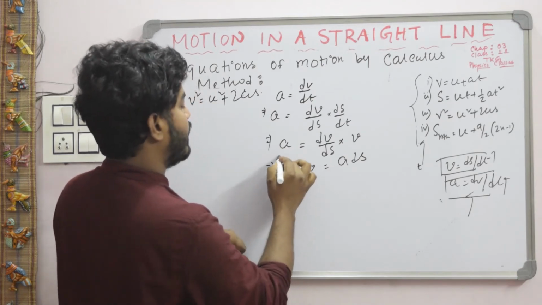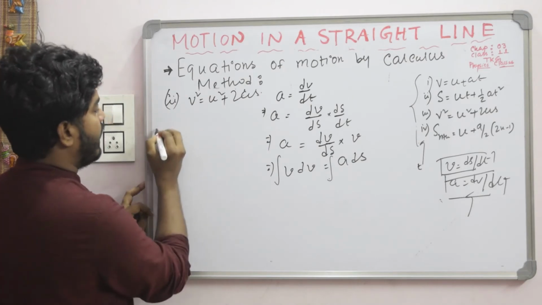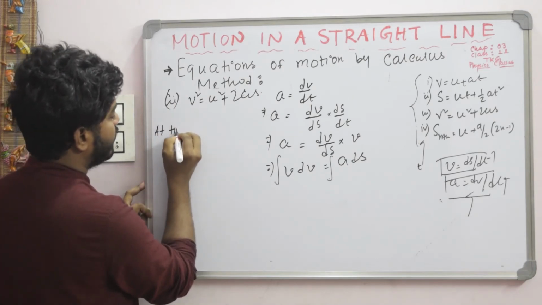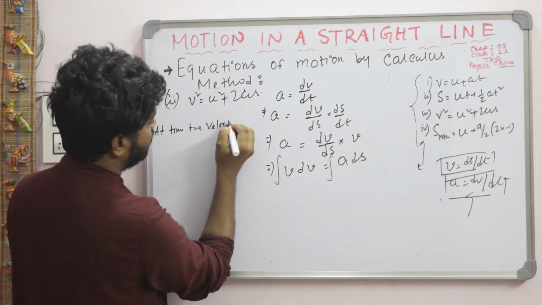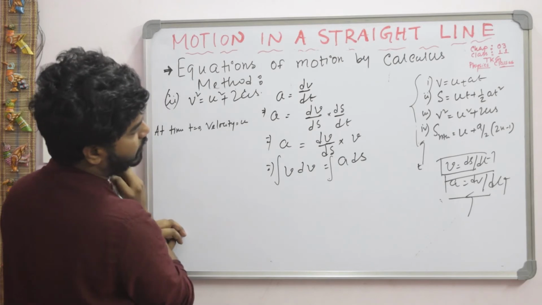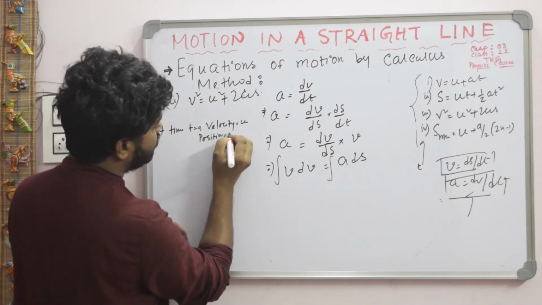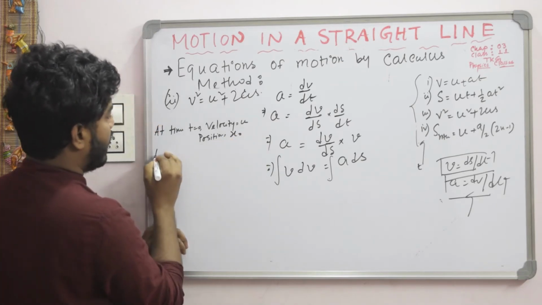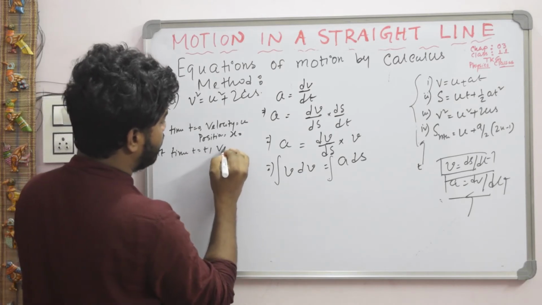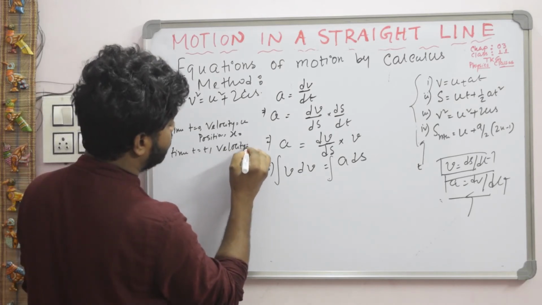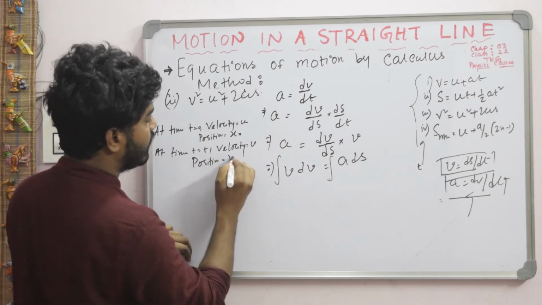Okay, now taking integration. Now you have to use limit. At time t is equal to 0, velocity, that is initial u, and position is represented by x naught, and at time t is equal to t, velocity, that is final v, and position, that is x.